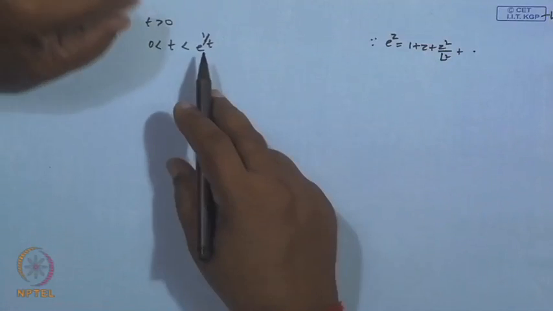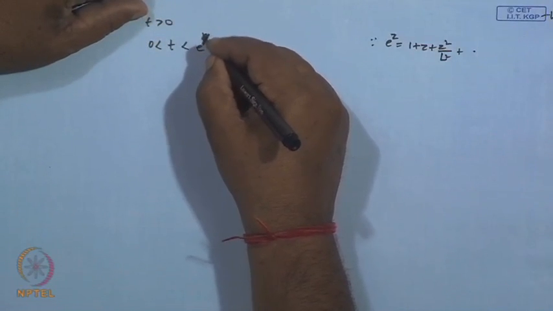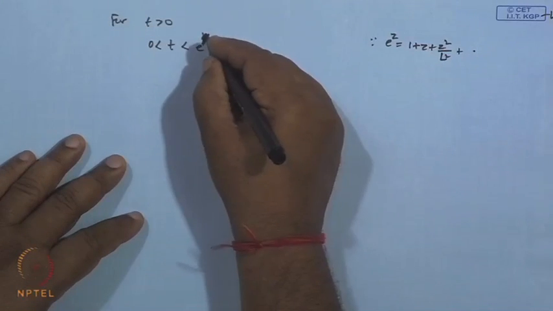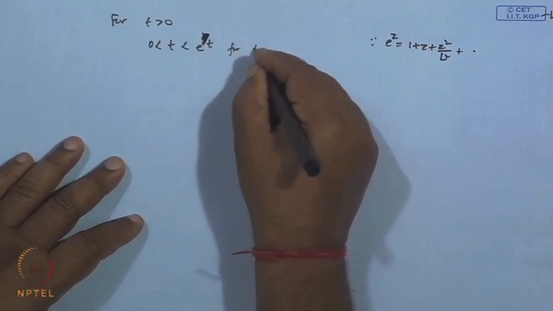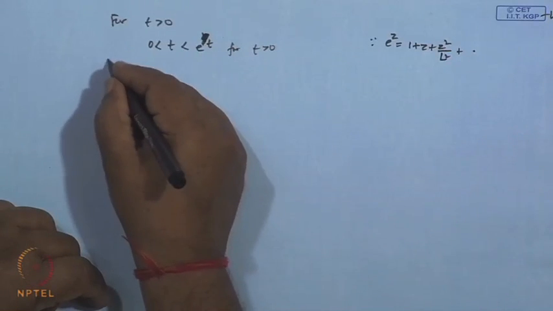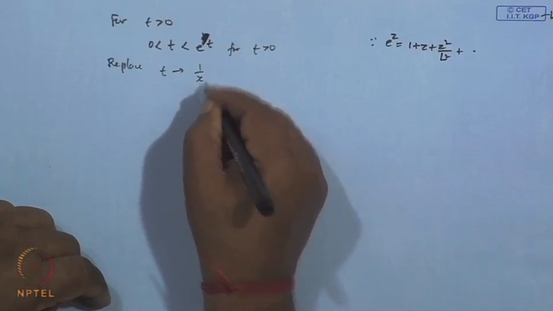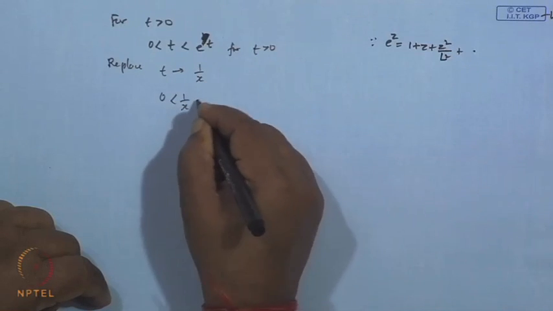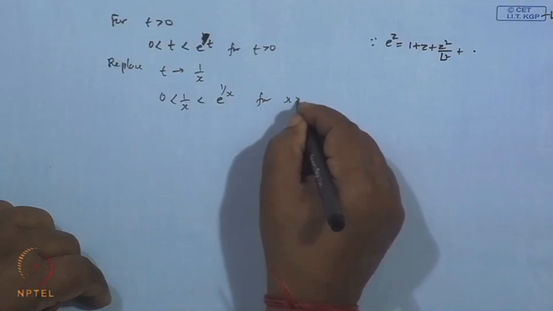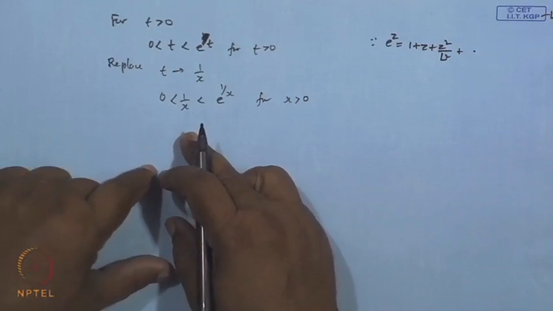So, obviously, this is true for all t greater than 0. So, when you replace t by 1 by x, what we get is 0 less than 1 by x less than e to the power 1 by x for x greater than 0, clear, for x greater than 0.